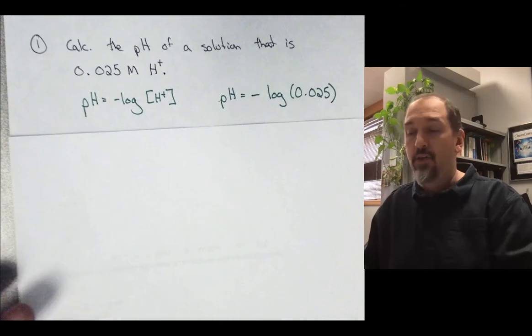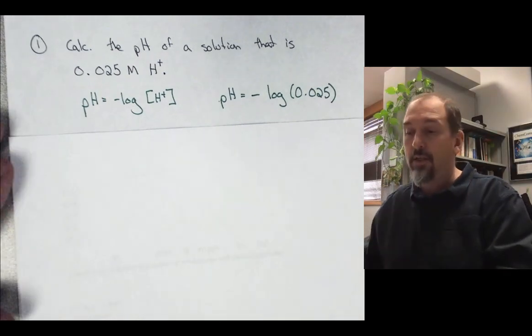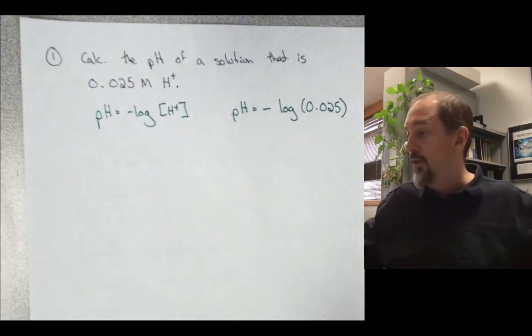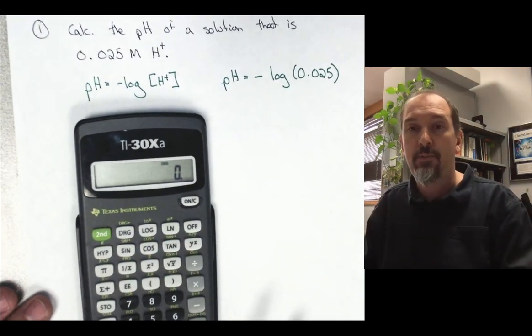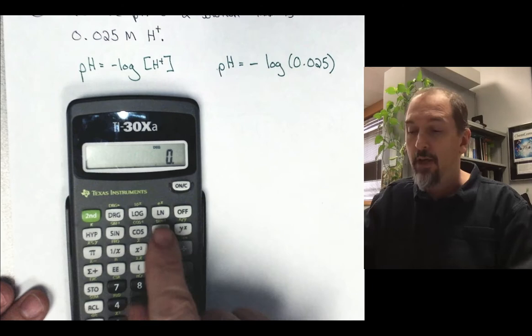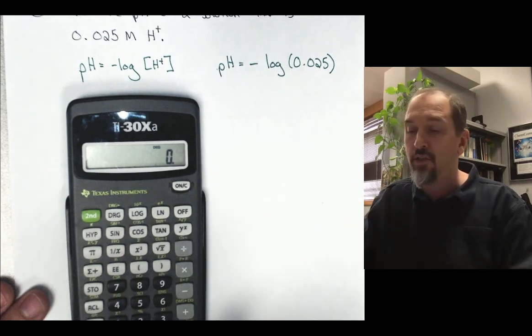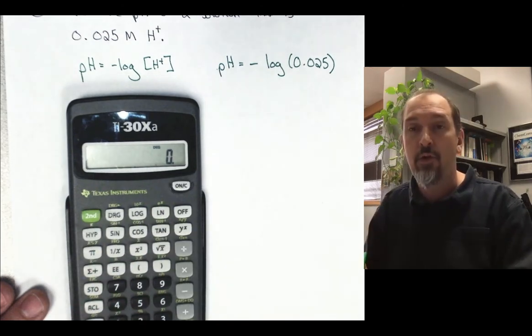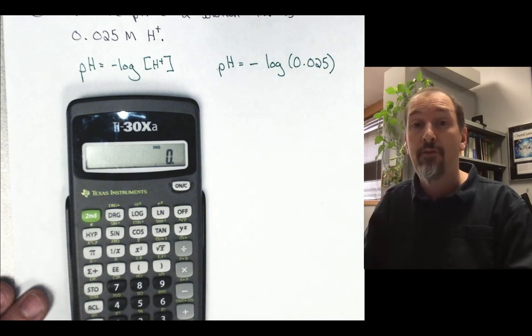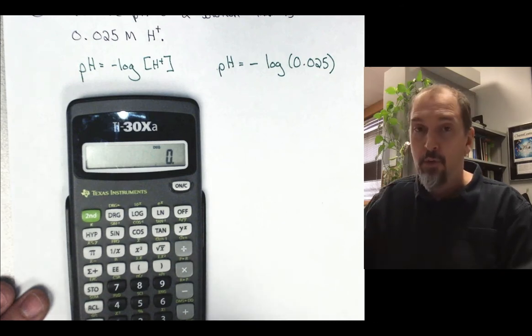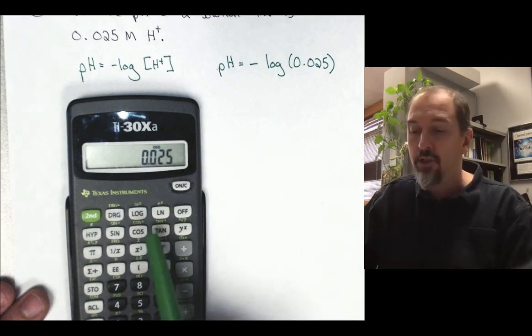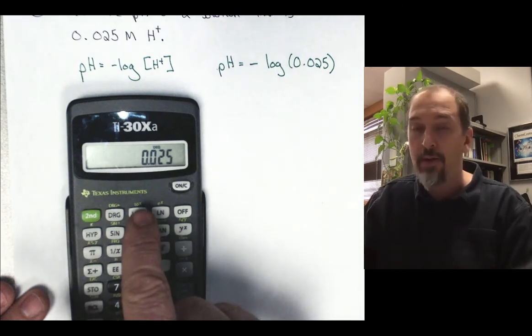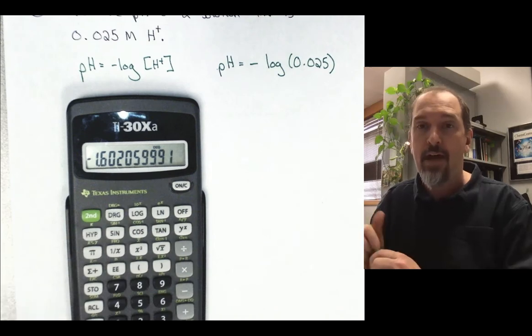I'm going to show you on two different calculators how to do this. The simplest calculator looks something like this, and we've got our log button there. In calculators where you just have a single line and you can enter numbers only, you have to put in the number first. So I'll say 0.025, and then I will push the LOG button, and that gives me the value.